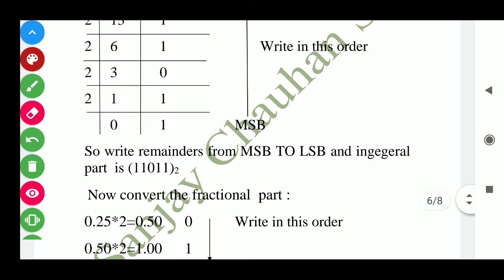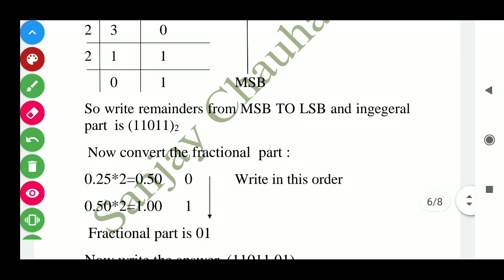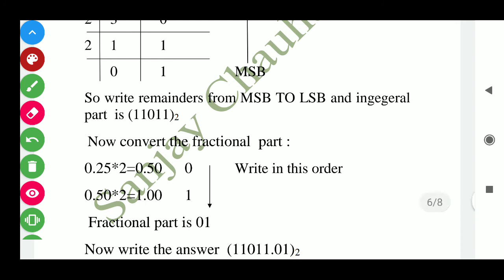Now convert the fractional part. You can see your fractional part here. 0.25 into 2 is 0.50. The integer part is 0. Then multiply 0.50 by 2, that is 1.00, so the integer part is 1.